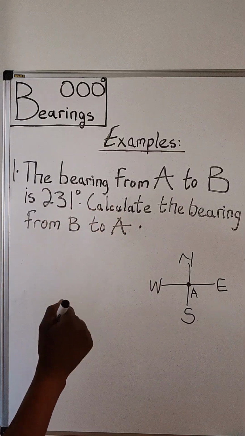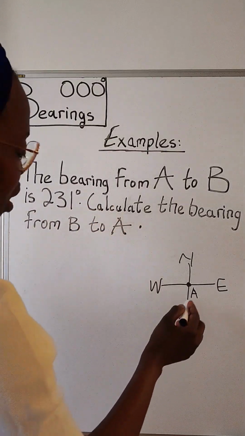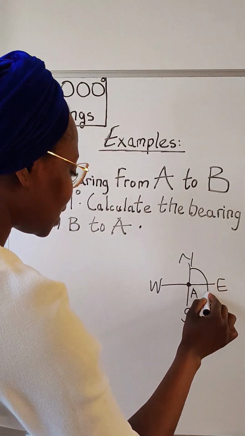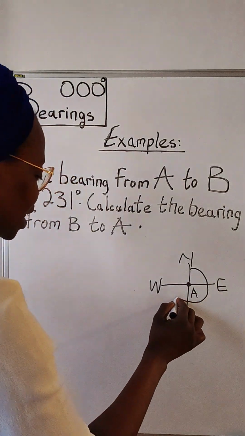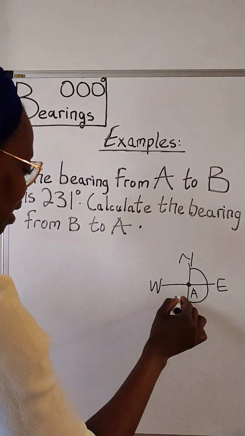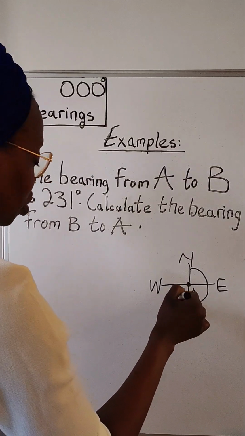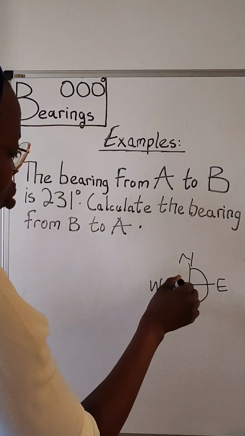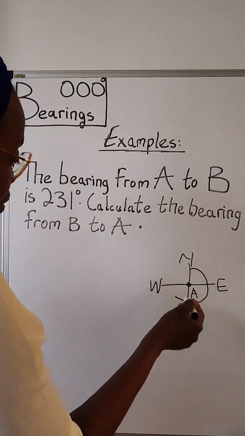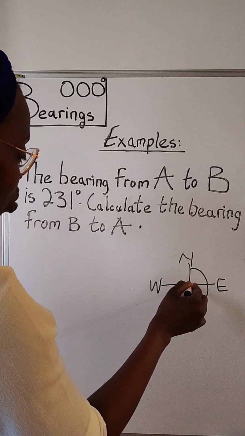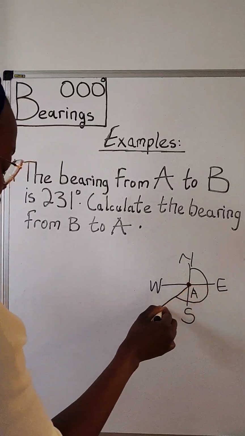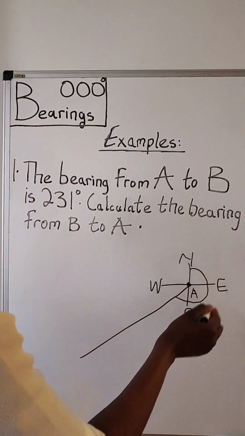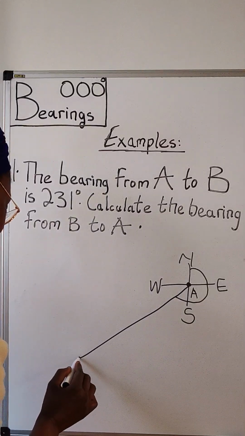The bearing from A to B. This is point A, and I'm going to move clockwise 90, 180 to this side. It's really not exact, but the 231 degrees will be falling into the third quadrant. So 231 degrees here, that is the bearing from A to point B.